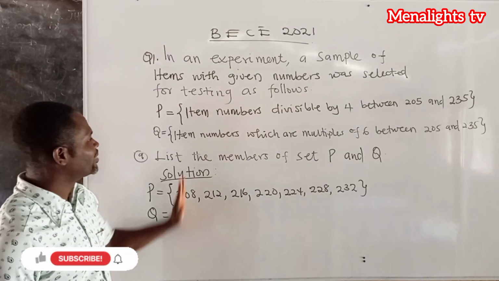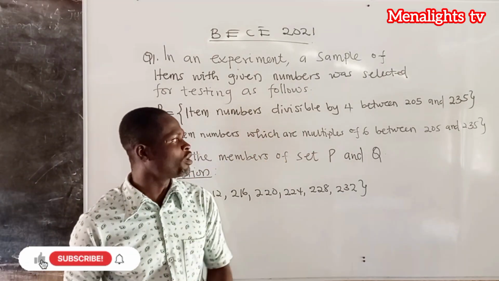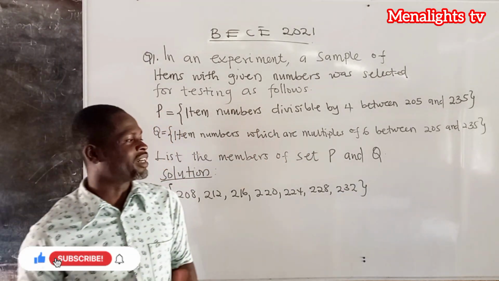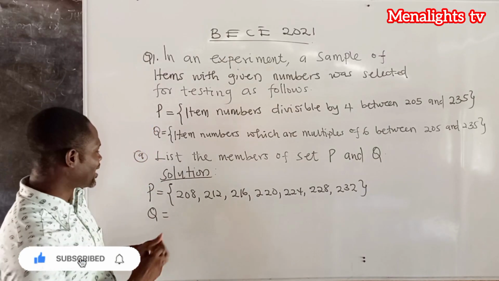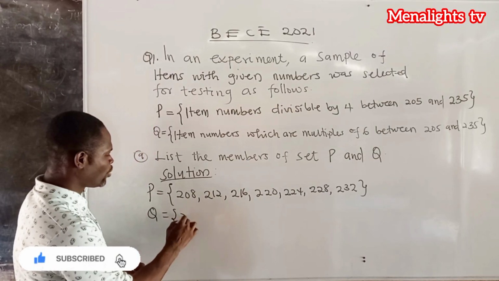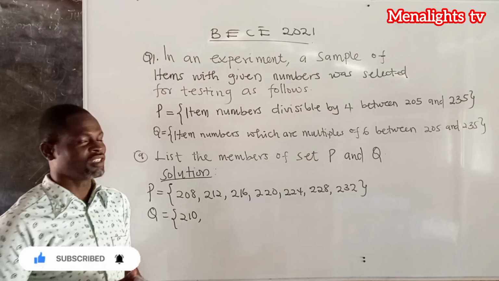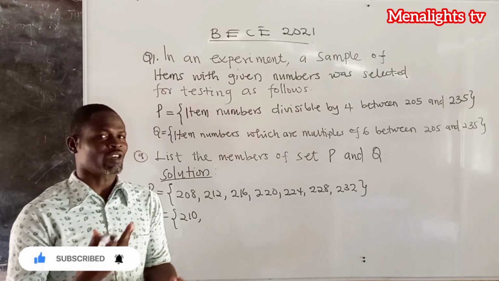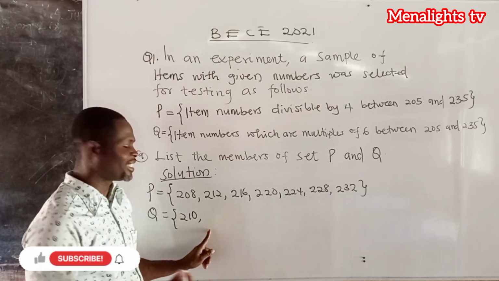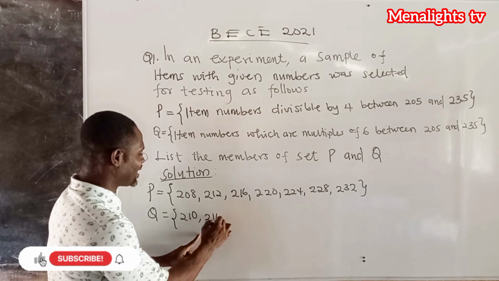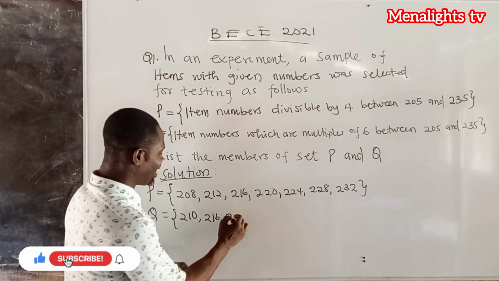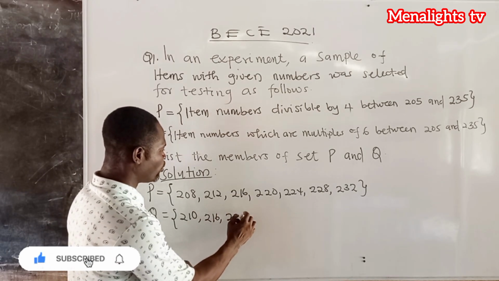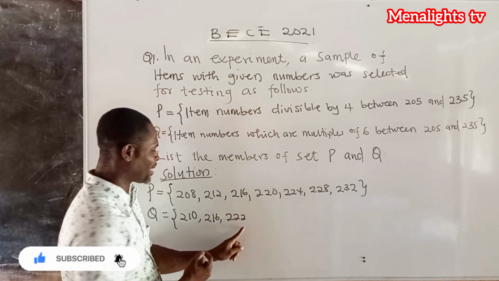The Q, that is item numbers which are multiples of 6 between 205 and 235. So when you look at that, the first one will be 210. After 210, the multiples of 6, from 10 we go to 16, so 216, 222, that's plus 6.